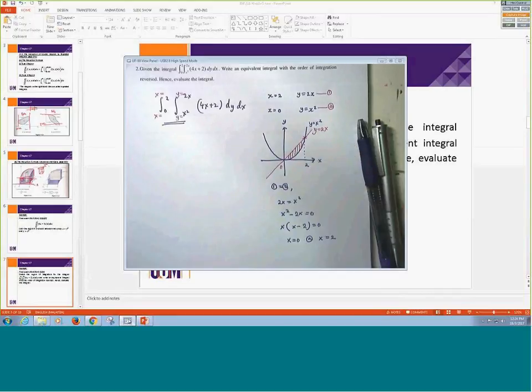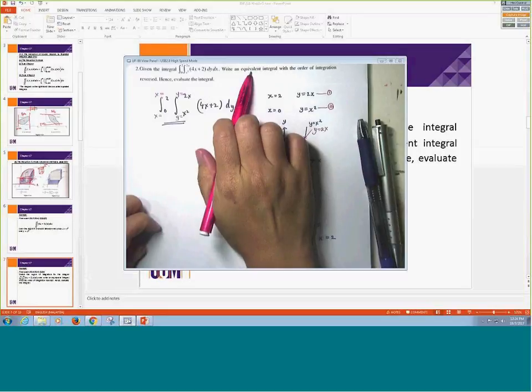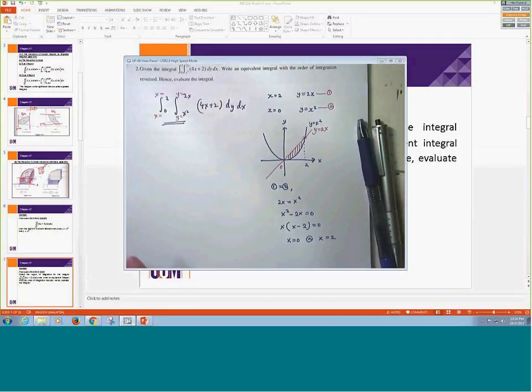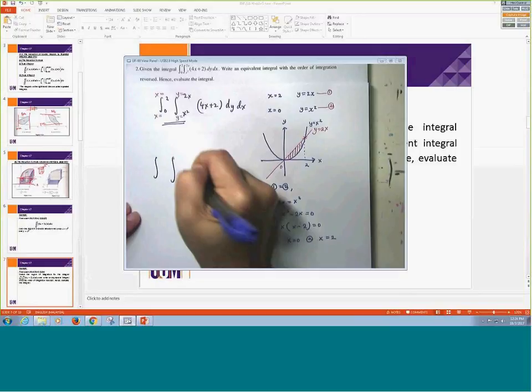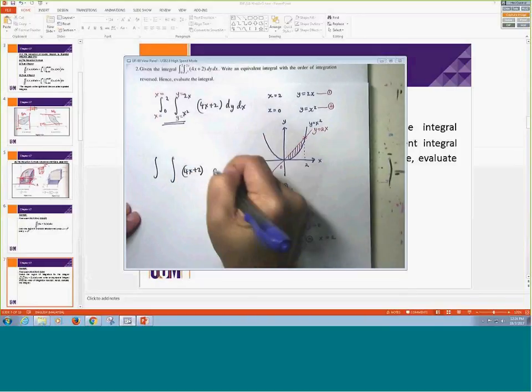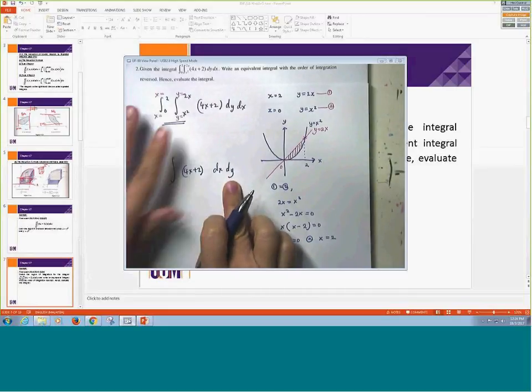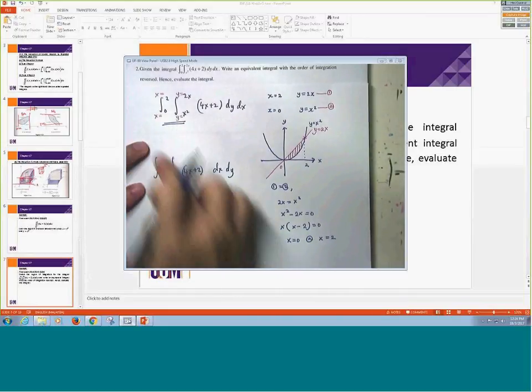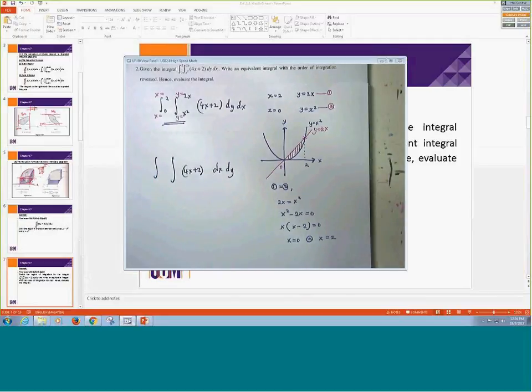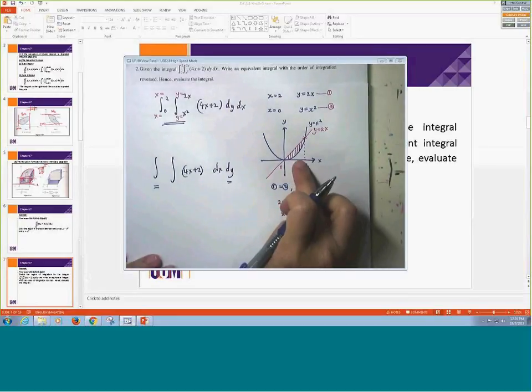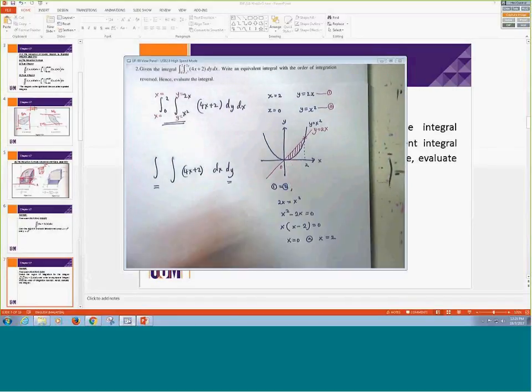Now the question asks us to write an equivalent integral, that means the same integral, but with the order of integration reversed. So we need to change to dx dy. But be careful, you cannot simply swap the limits, because for double integrals the outer limit must be constant. So you need to refer back to the region, and y constant means y is a horizontal straight line.